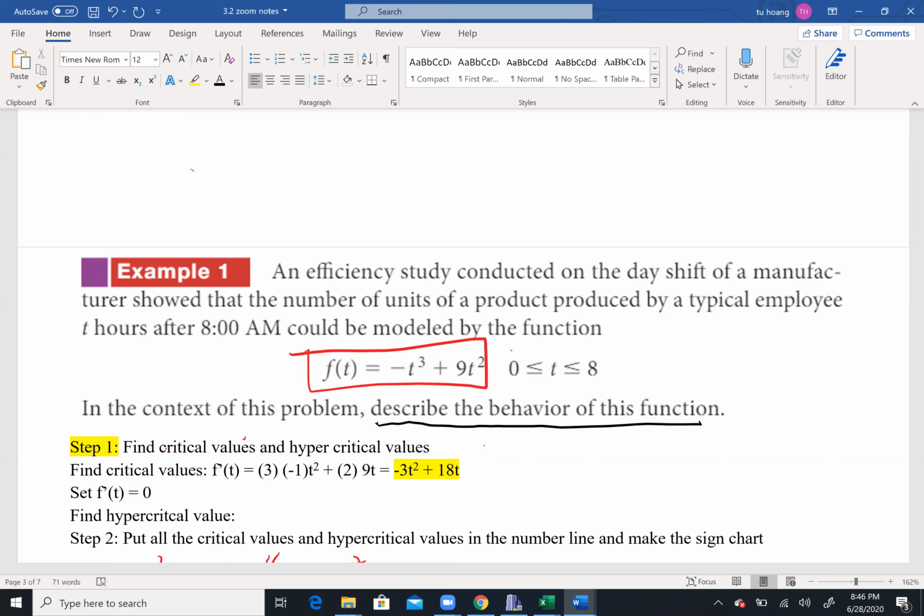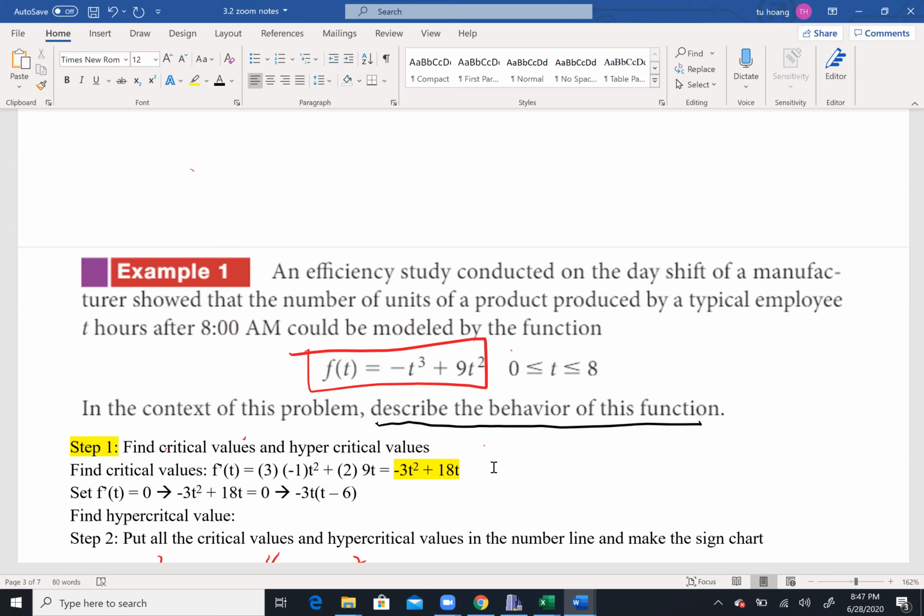That gives me negative 3t squared plus 18t equal to 0, and I have to think about whether I can factor this. I want to factor negative 3t out. For the first term, I will have t only. For the second term, I'm going to have negative 6, right? Because when you factor out negative 3, then you have negative 6.